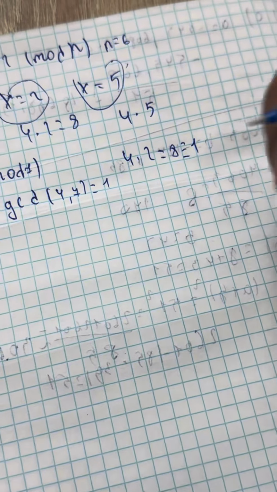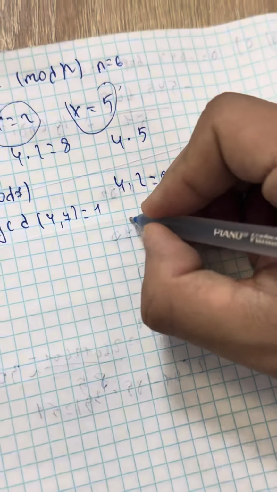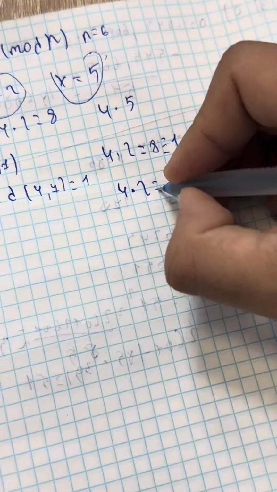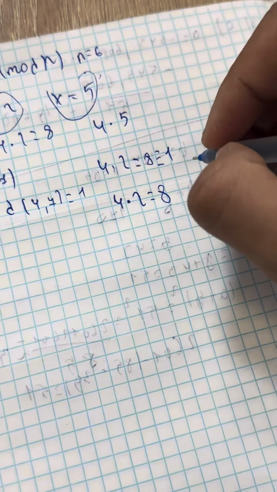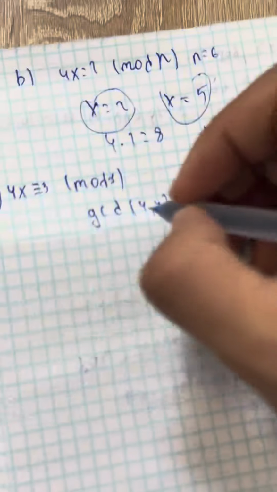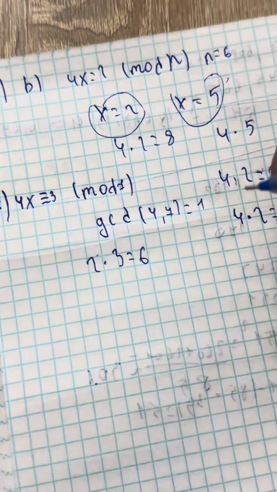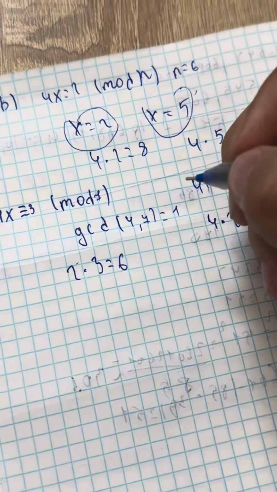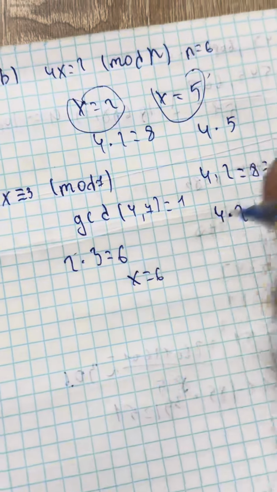We need to find the inverse of 4 modulo 7, since 4 times 2 is 1 modulo 7, our inverse is 2. We'll multiply 2 by 3 and get 6. Now by multiplying both sides by 2, this gives us 6. So the final answer will be 6.